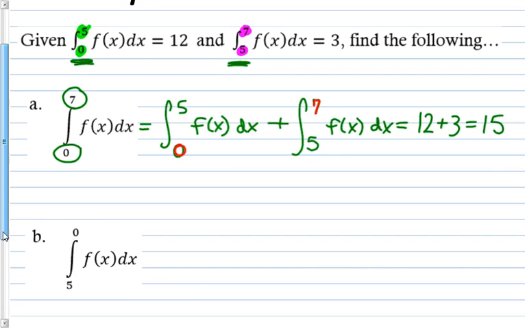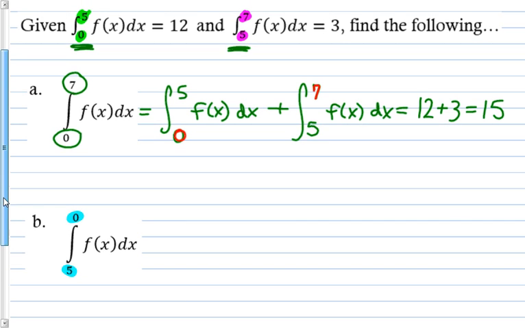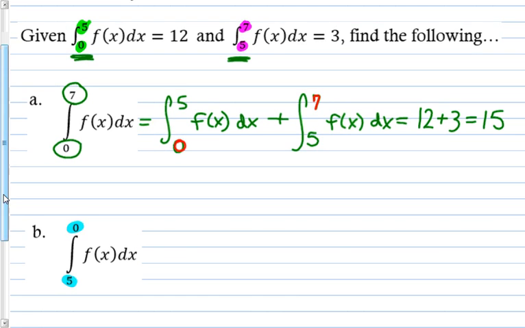B. The integral from 5 to 0 of f of x dx. Again, I need you to look at the limits. It's really, really important. What happened to the limits? Somebody please look at this and tell me what is different about the limits here from the original one that has the limits of 0 and 5.